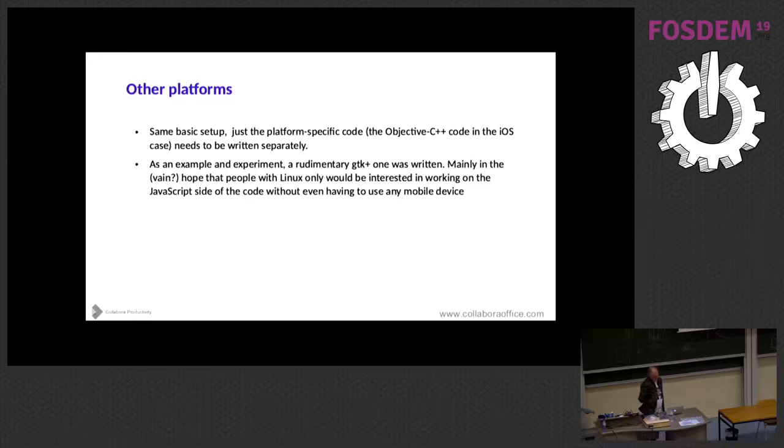And also, as an example and experiment, I wrote one for GTK+, and it was actually quite easy. The API that GTK+ and WebKit offer is, in theory, quite close to the one that you have on iOS. You can execute one line of JavaScript and you get callbacks when the JavaScript calls some specific function.